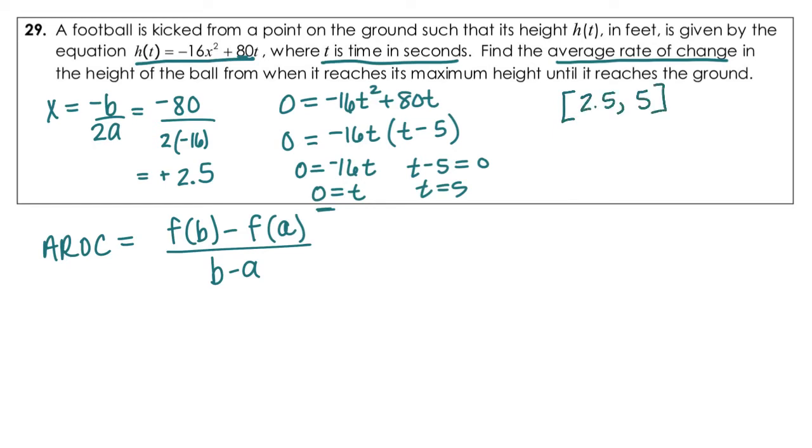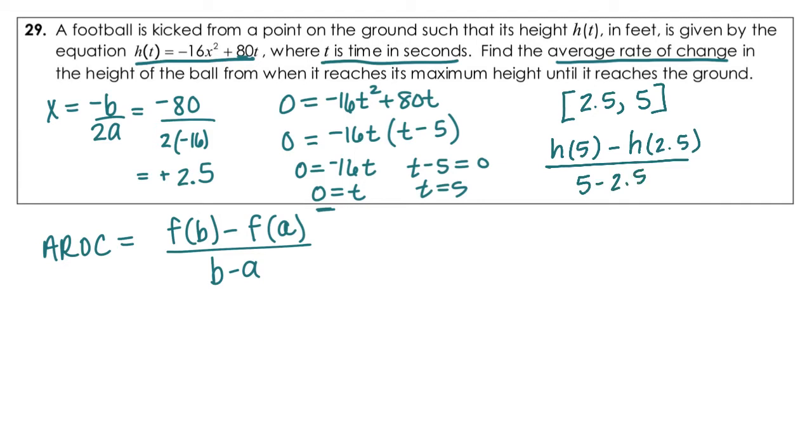All right, so now let's find our average rate of change from this. You're going to need to find h at 5 minus h at 2.5, all over 5 minus 2.5.